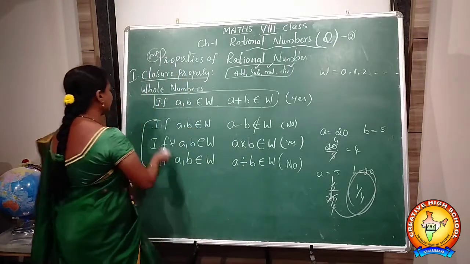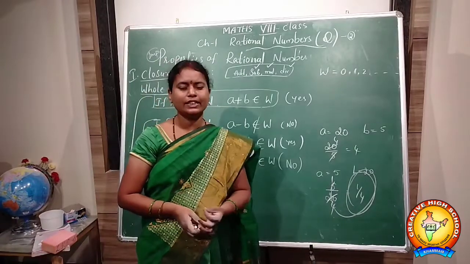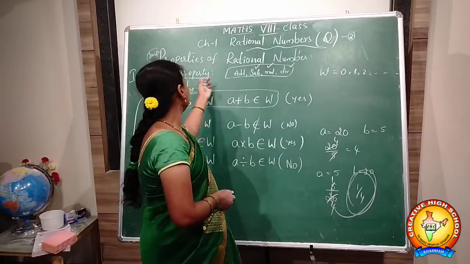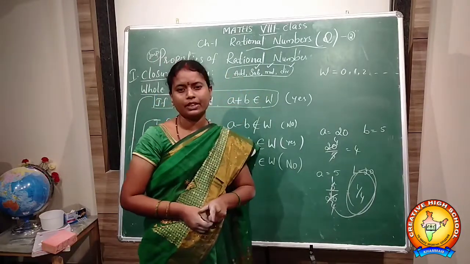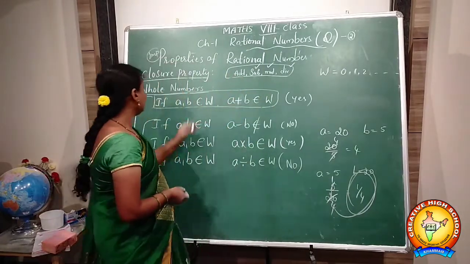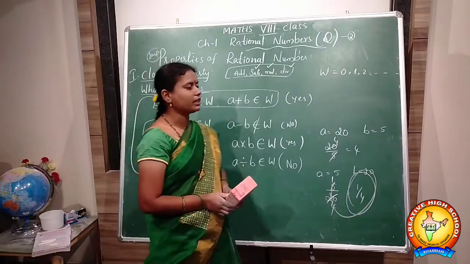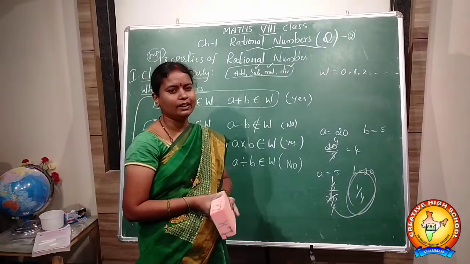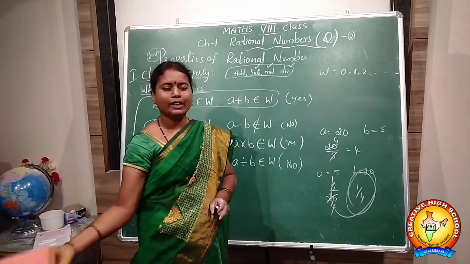If you understand this one, then it will become very easy to apply this property under the four basic operations. Okay, same. Now let us apply this closure property for the integers, and after that, rational numbers.